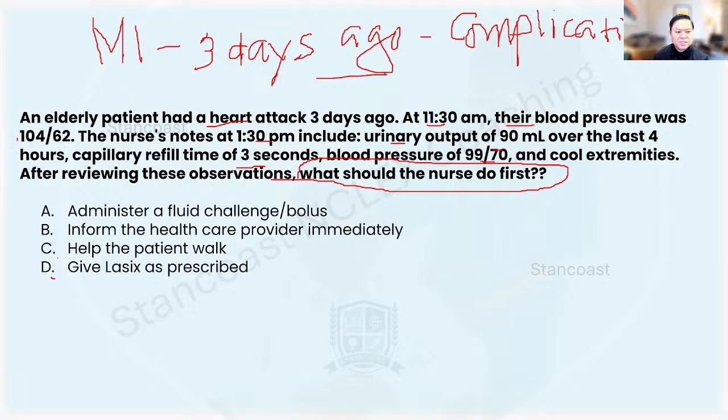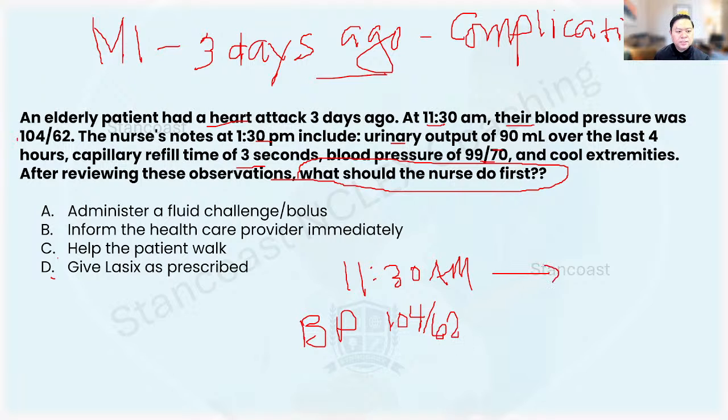Comparing the blood pressure at 11:30 a.m., the blood pressure was 104 over 62. Later on, at 1:30 p.m. Sorry about this, let me erase that.